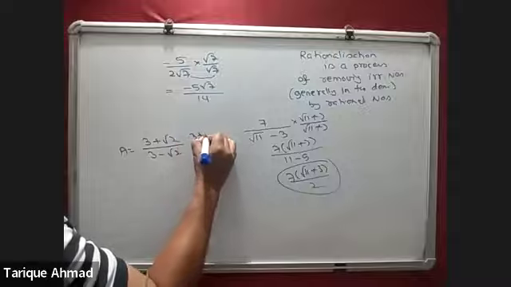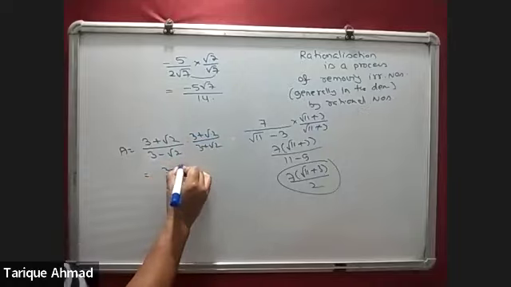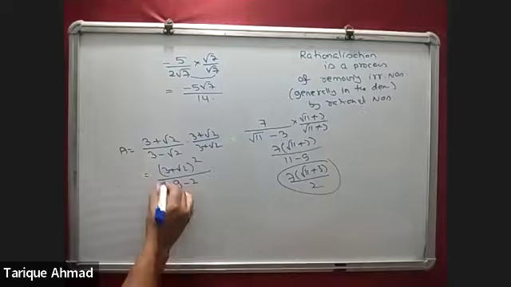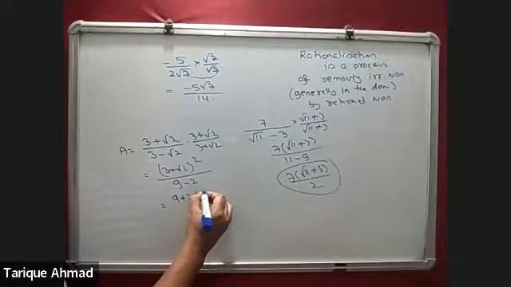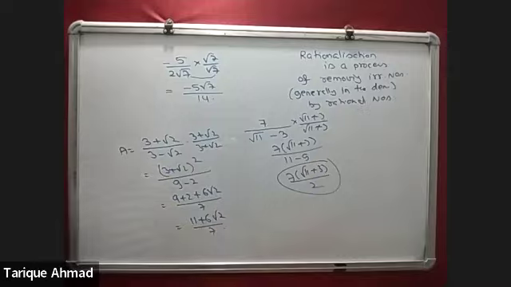What is the answer? 11 plus 6 root 2 upon 7. Multiplying by 3 plus root 2, we get 3 plus root 2 whole squared in the numerator. Here 9 minus 2 is 7, and the numerator is 9 plus 2 plus 6 root 2. So 11 plus 6 root 2 by 7.